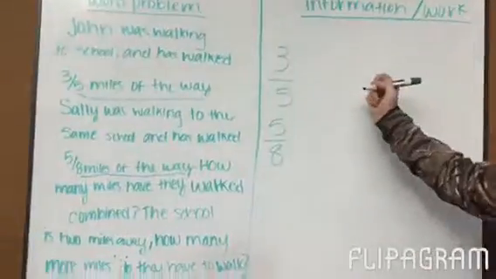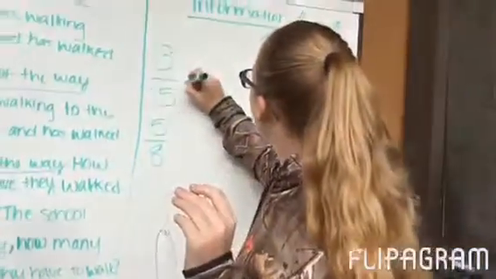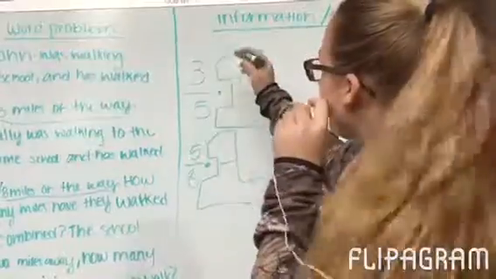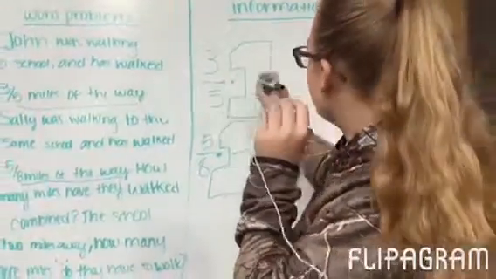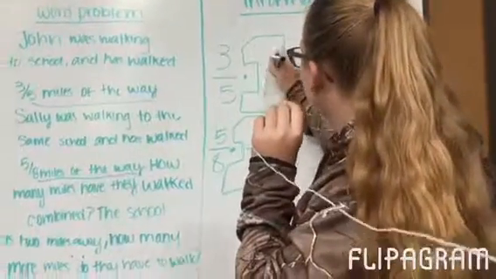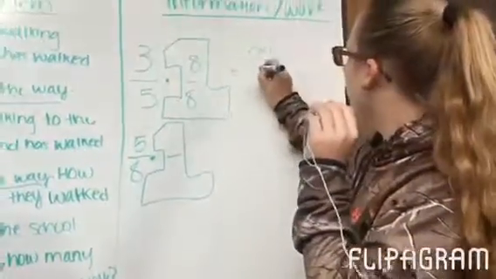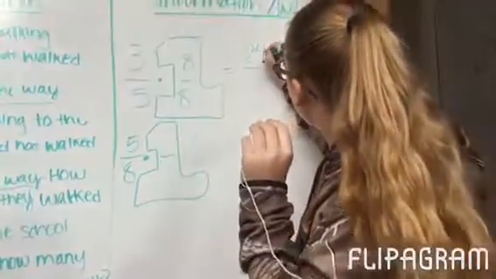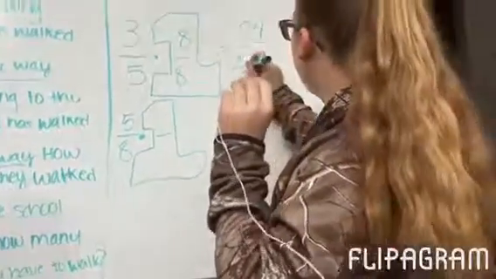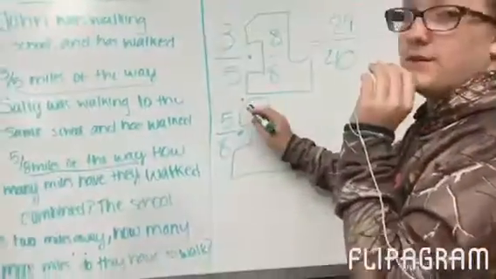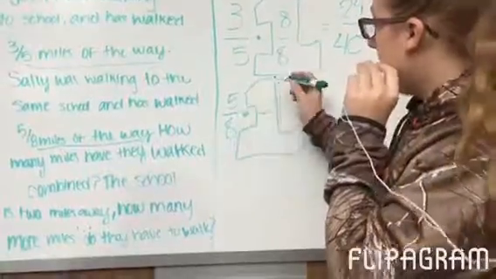Okay, so now let's use the common denominator. 40 is the common denominator, so 3/5 times the giant one of 8/8 equals 24 over 40. Now let's use the giant one for 5/8.